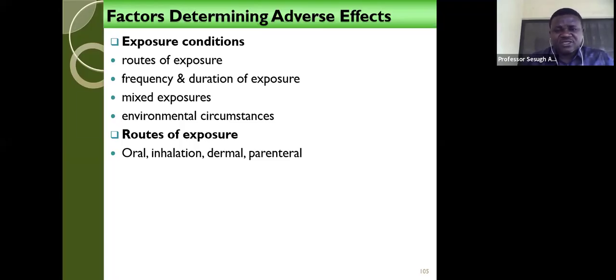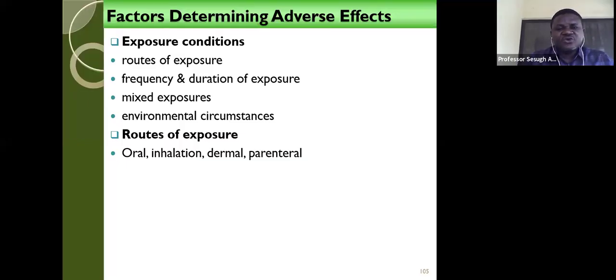All right, environmental circumstances is another factor. Maybe where the temperature of the environment is high or low, and maybe you can observe more effect at higher temperature than when the temperature is low, or when the environment is humid, or when the environment is dry, and so on and so forth.